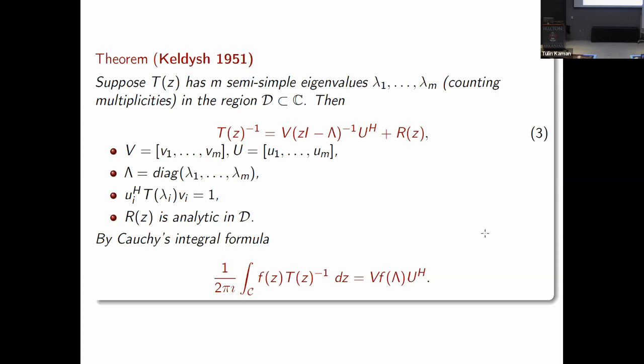And then you have the remaining term, which is analytic in D. So if you take the contour integral of this expression, then basically you can get rid of this. So this is a very technical result, but actually this is a core result and why we can do in practice what we are going to do.